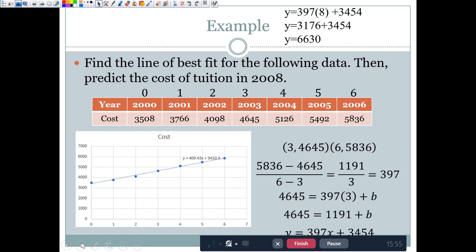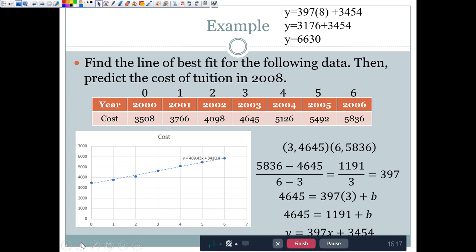And I looked at it and saw these points here. And then I did the same thing. And you see how for my slope I got 397, which wasn't what we got beforehand. We got 367. But it was close. That's what I'm looking for. So if you choose different points, you get different data.